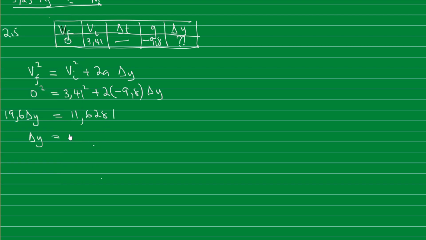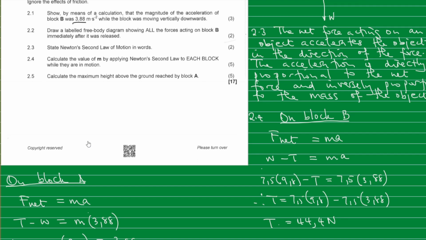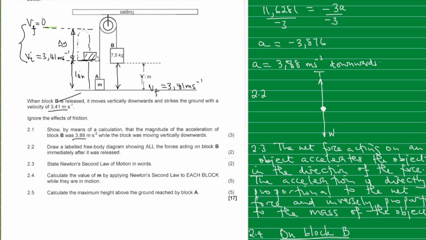So our delta y is 0.593 meters. What it means is, from the time block B hit the ground and block A was in free fall, it moved a distance of 0.593 meters. Now they are asking to calculate the maximum height above the ground, so they want the distance from the ground.